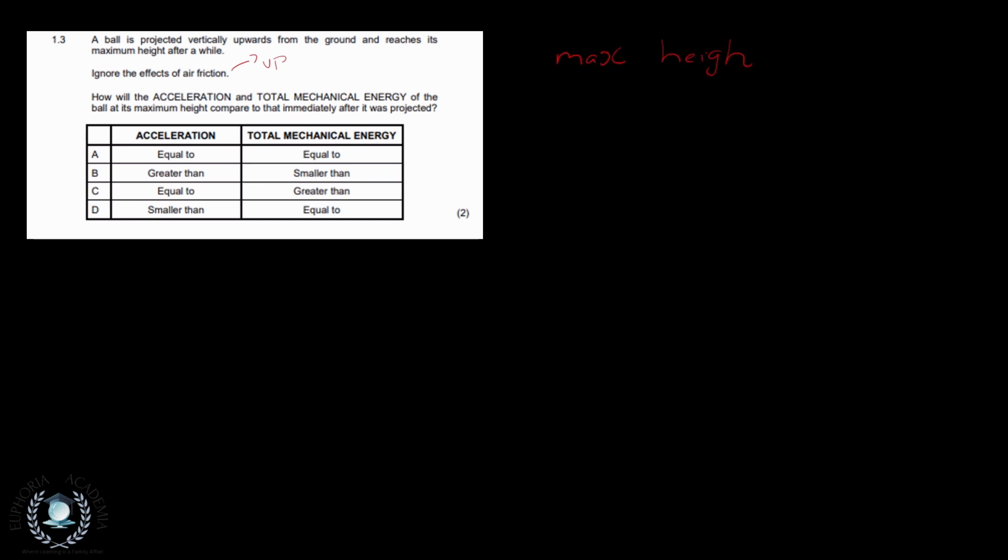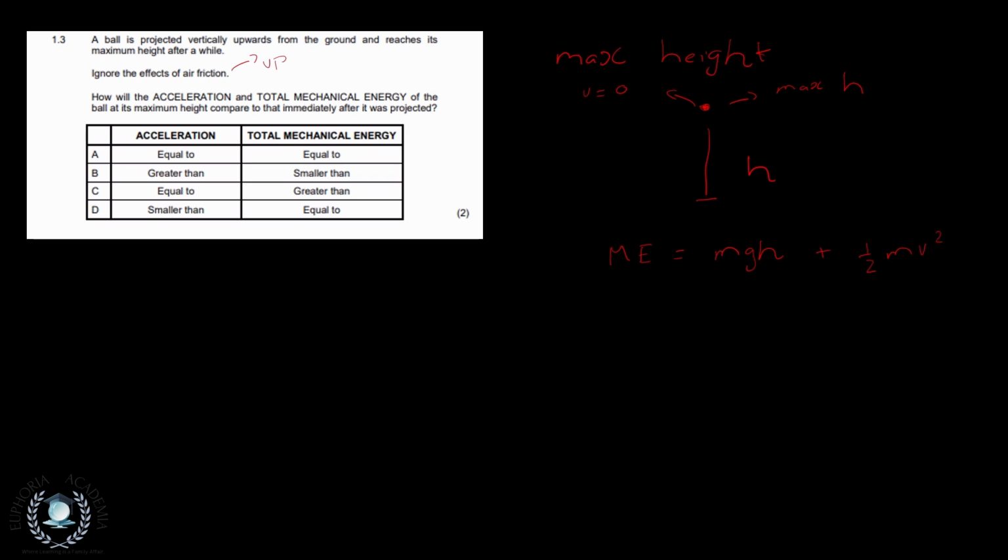we have a situation where the ball will be at max height, max h from the ground, and the velocity will actually be 0, right? But the mechanical energy will be equal to mgh plus half mv squared.